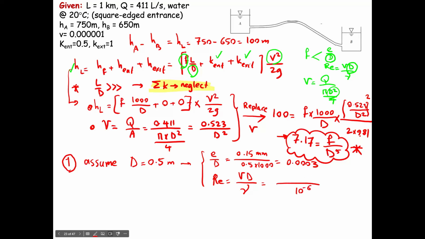Nu, you have it. D, you just consider it. And instead of velocity, what would I put? I think I made the velocity here, 0.523 divided by D square. The one that you made. So if you do that, you will have these ones.